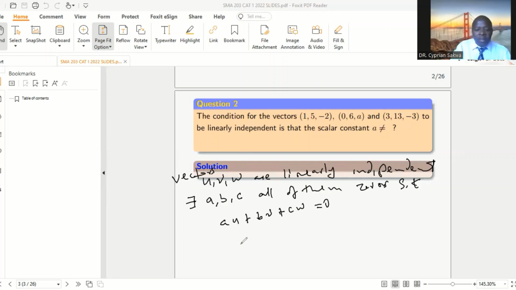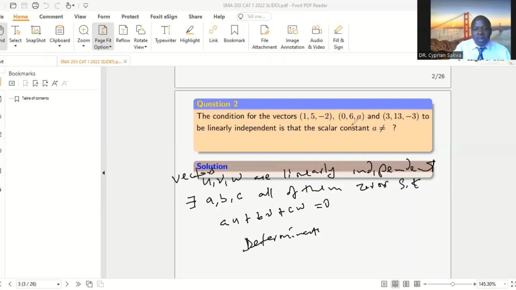The other way is to determine the determinant of the matrix formed by these vectors. If the determinant is not equal to 0, then we say that the vectors are linearly independent.